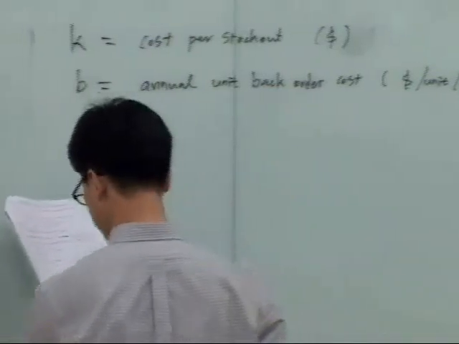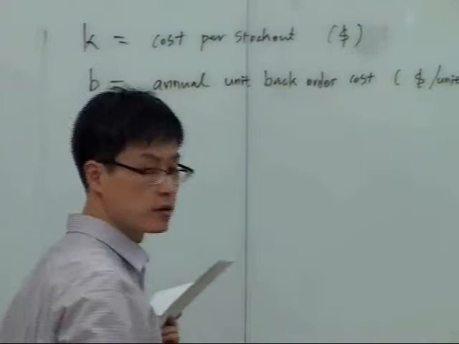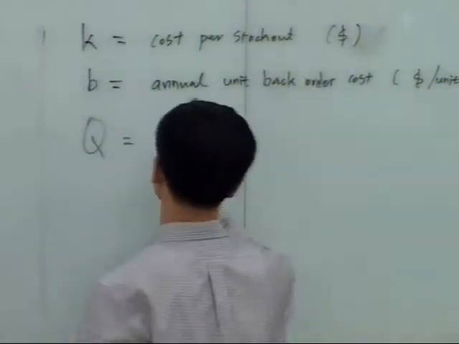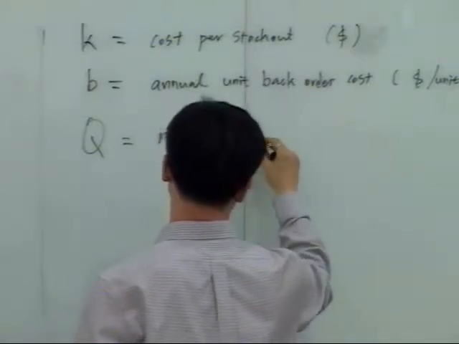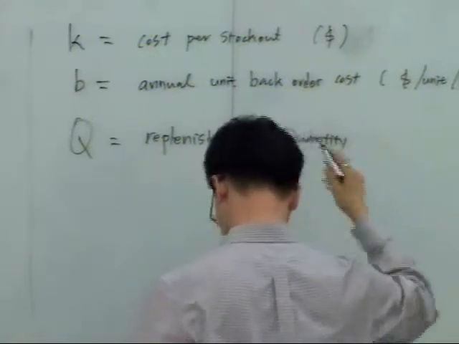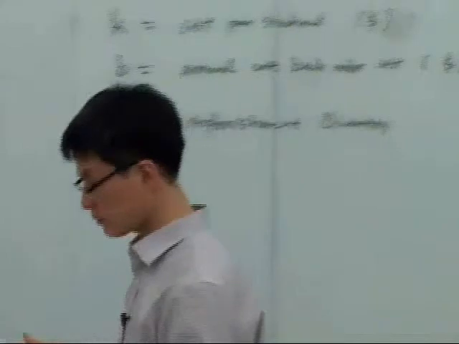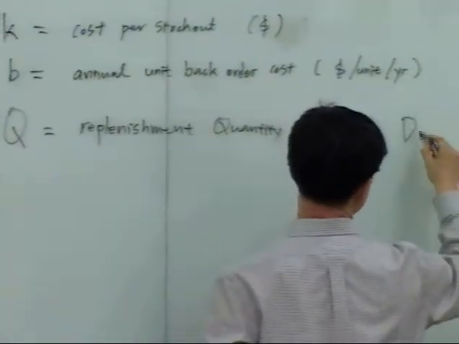Okay, and Q is the amount of the order, so the replenishment quantity. And this is our decision variable.